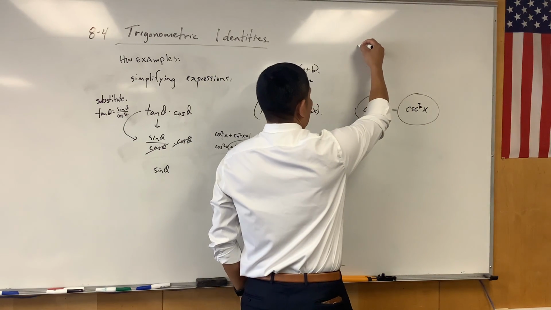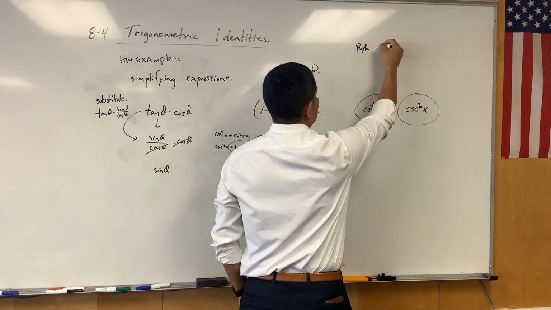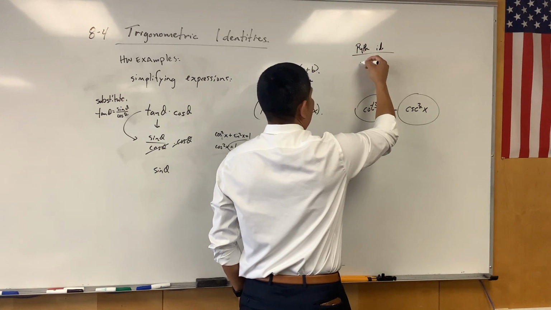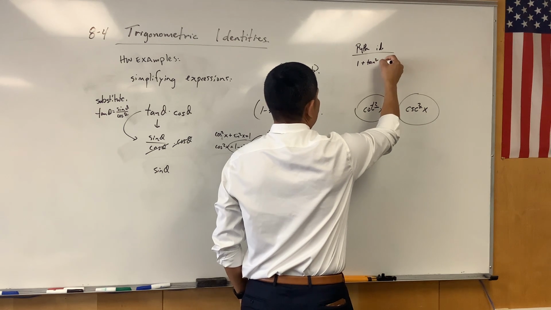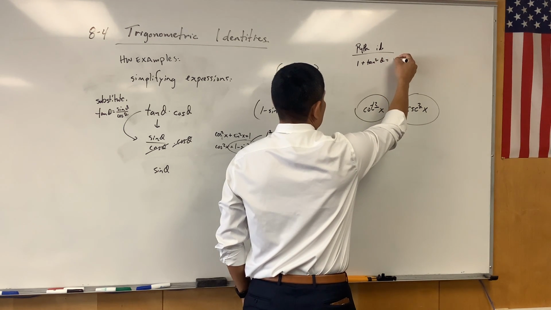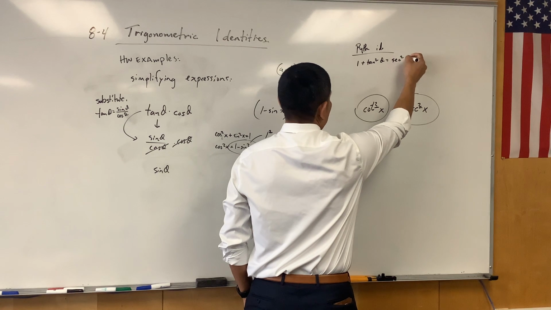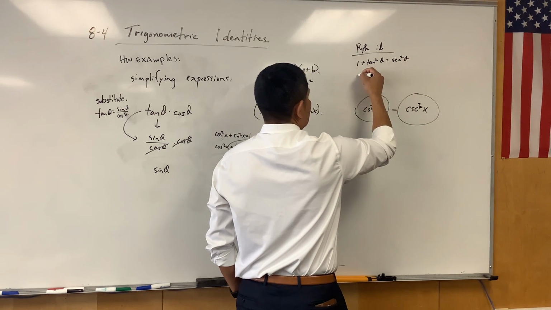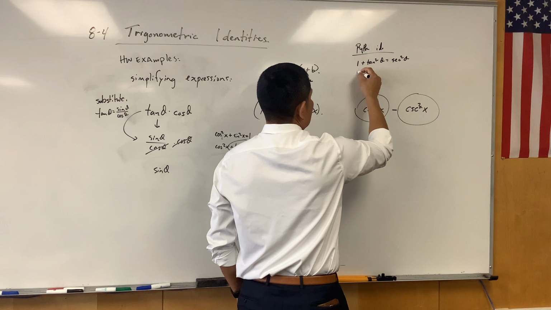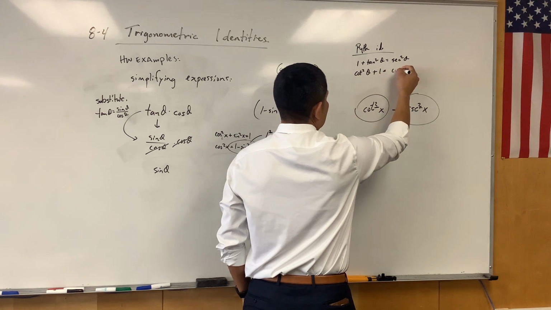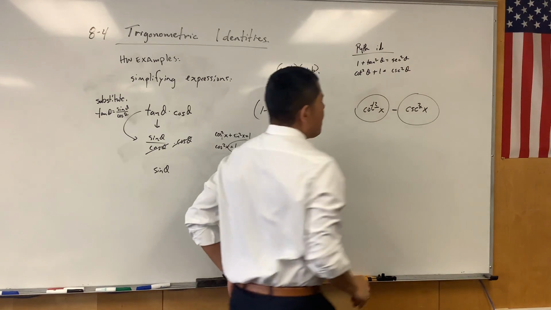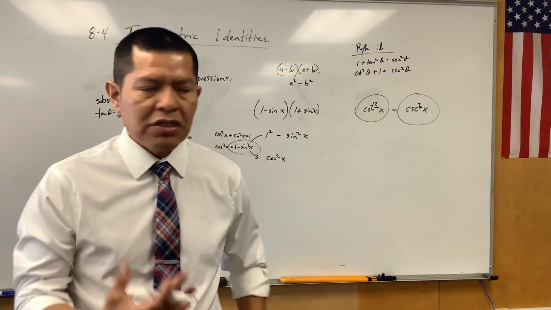So remember, from our Pythagorean identity, we have 1 plus the tangent squared of theta is equal to the secant squared theta, and then the cotangent squared of theta plus 1 is equal to the cosecant squared of theta. So we have those two identities.